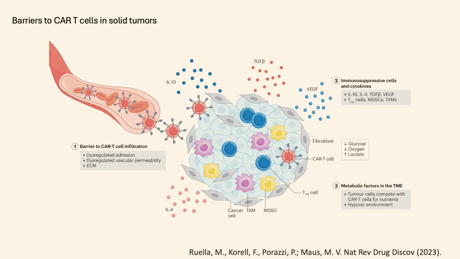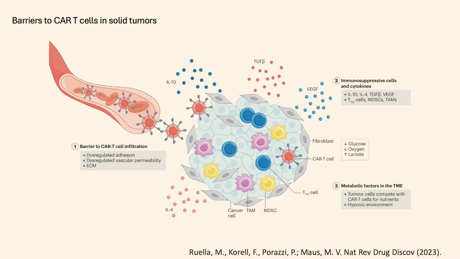And then you have several immune inhibitory cells, such as Treg cells and tumor-associated macrophages. But then also you have the fibroblasts and the inhibitory cytokines that are usually available in the tumor microenvironment. Additionally, you have fewer nutrients and competition for the nutrients between the CAR T cells and the malignant cells.